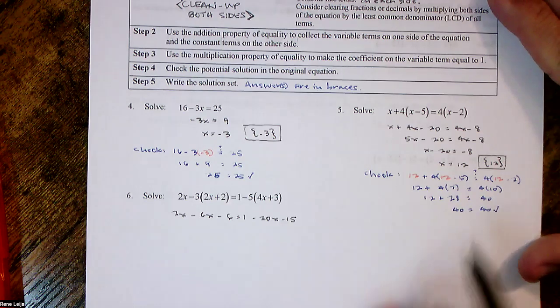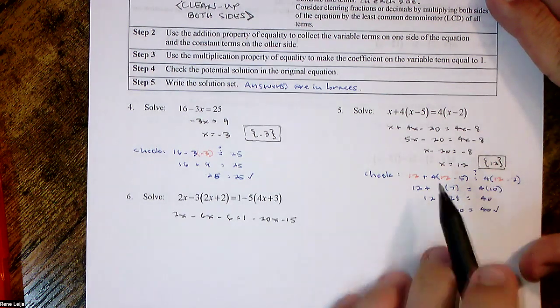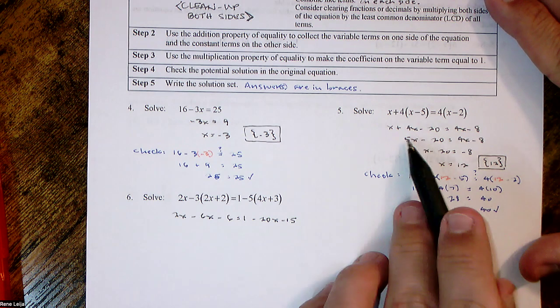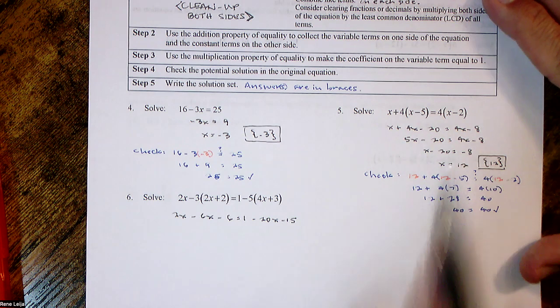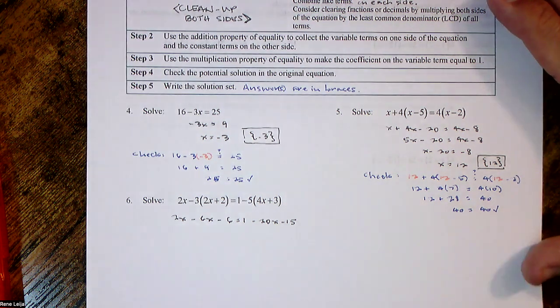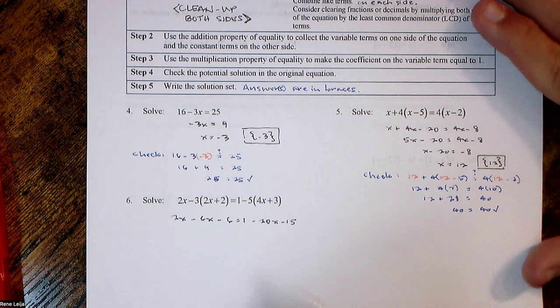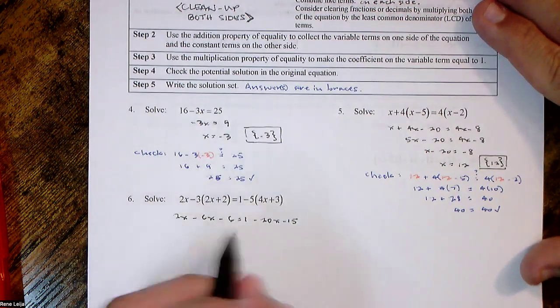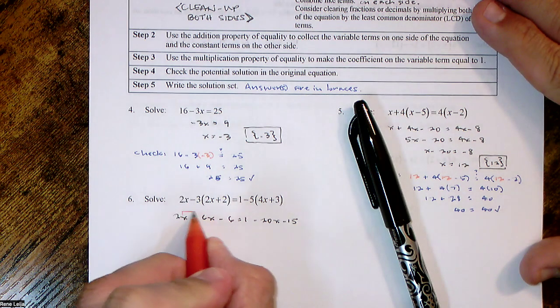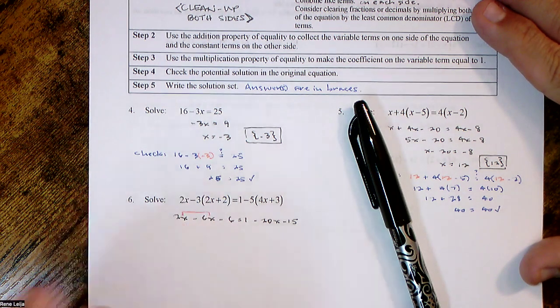Now, something that I didn't mention earlier in number 5 is notice that I did not start moving my variables to one side and my constants to the other. I cleaned up the left side and then the right side. And once I did that, then I started moving my terms around. Okay. So for number 6, we need to combine the 2x and a minus 6x.